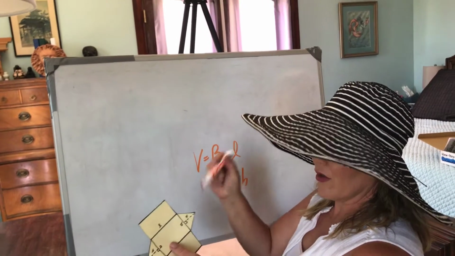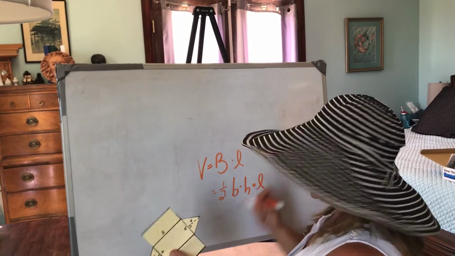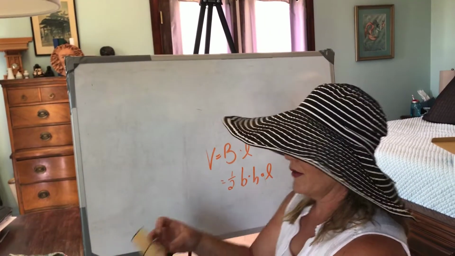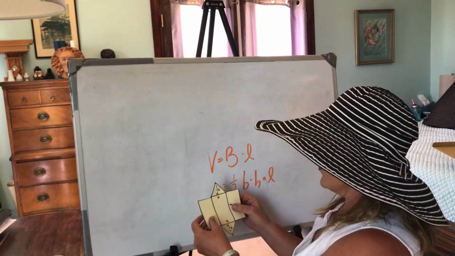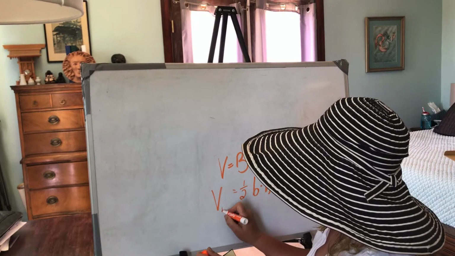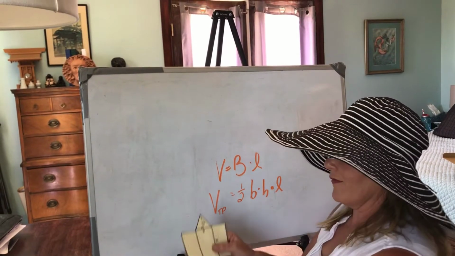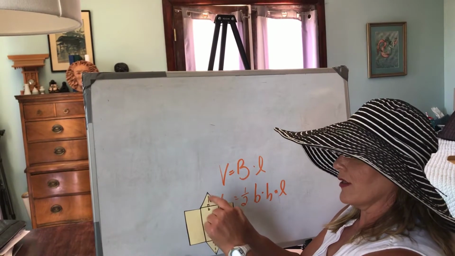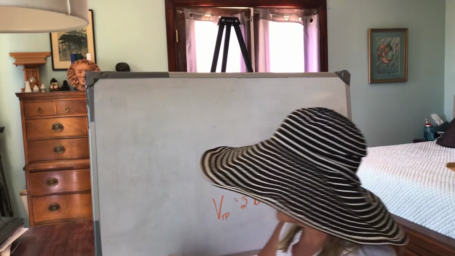And then to get the volume, we multiply it by the length of the entire prism. So this is the volume for a triangular prism. It's 1/2 the base of this triangle times the height of this triangle times the length of the entire prism.